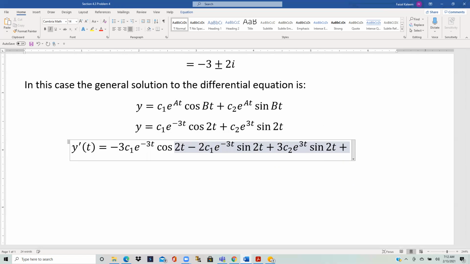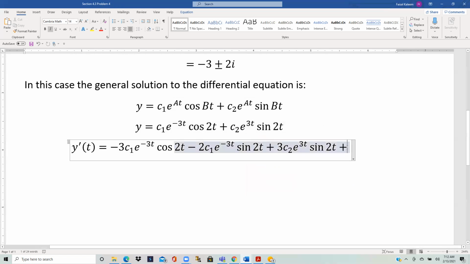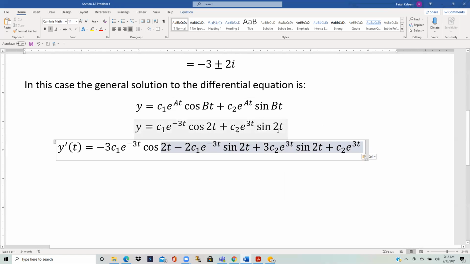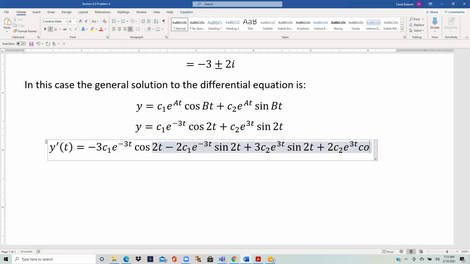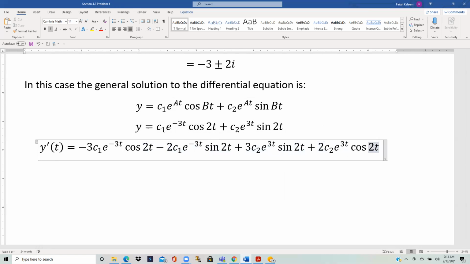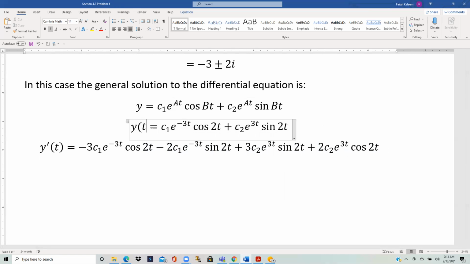And then plus, and now you keep the c2 e to the 3t as it is, and you take the derivative of sine 2t, which is 2 cosine 2t. I can put the 2 here, and cosine 2t. Okay. And this one also we can write as y of t.